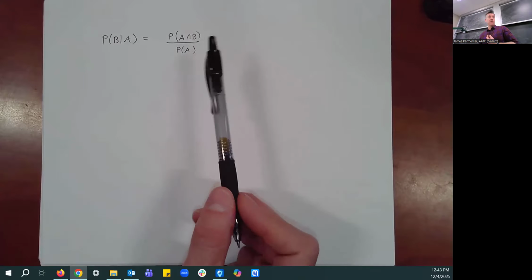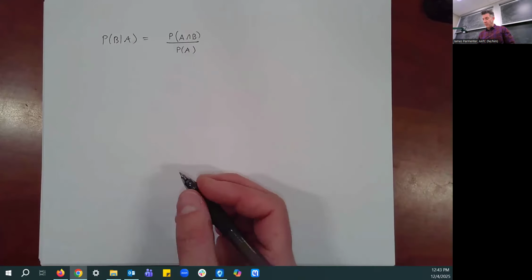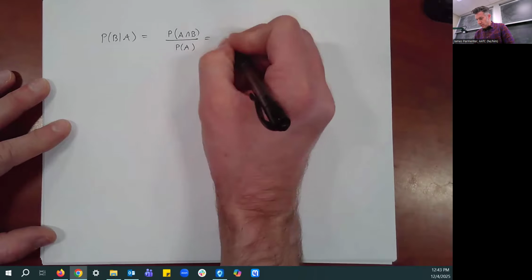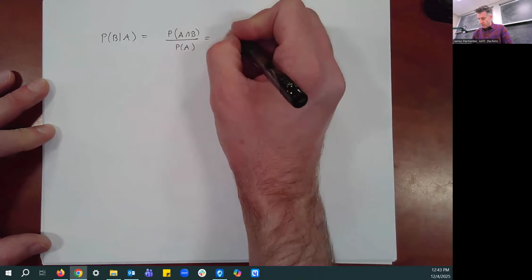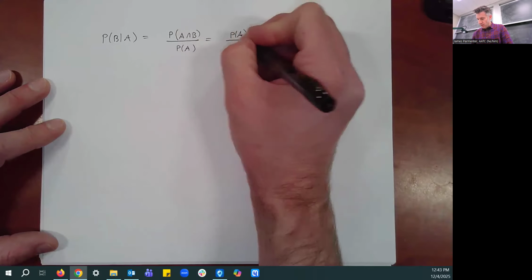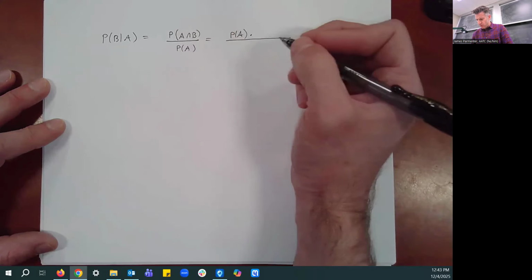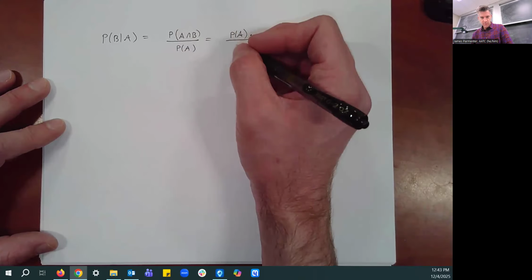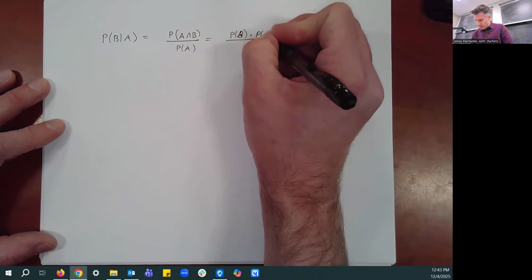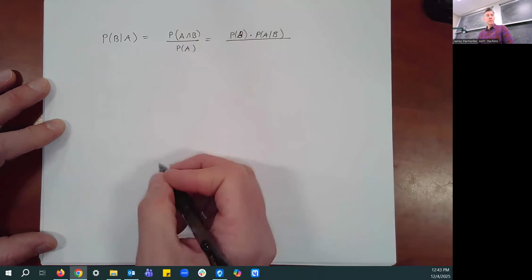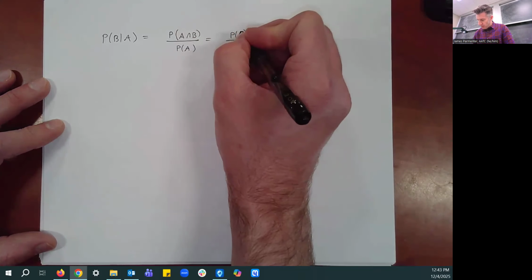A intersect B is the same as B intersect A. Then here's the step he's taking. He's simplifying the top, saying we can rewrite the top as the probability of B times the probability of A given B. And he's not changing the bottom, which is fine.